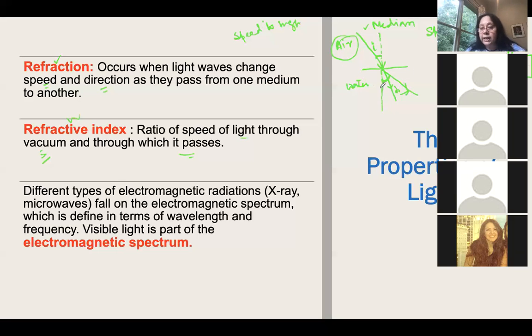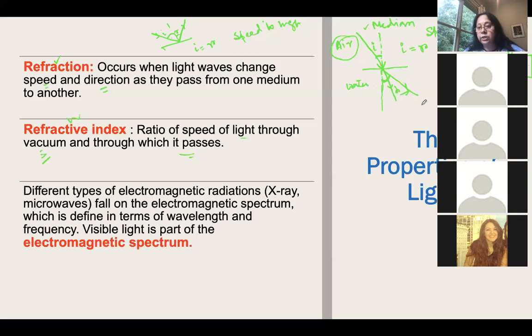In case of reflection, I always equals R. Let's say this is the reflection and this is the medium. Every time this is I, and this is R. So these two are equal, I equals R.